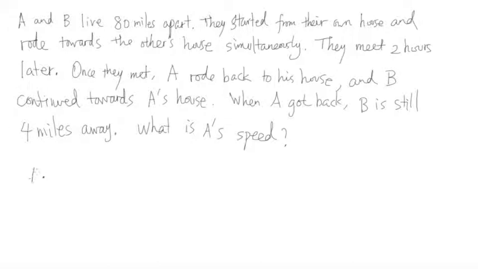So this is A and B. They're 80 miles apart. And they start to ride bicycles towards each other. And 2 hours later, they meet. They meet at a certain point. And then after they meet, what happens is A somehow just turns back.